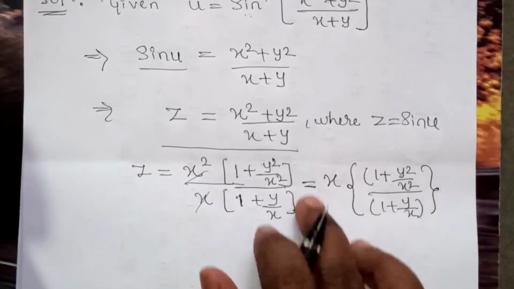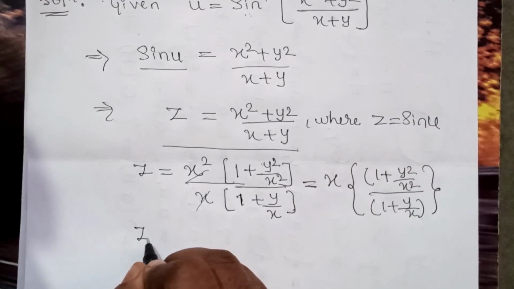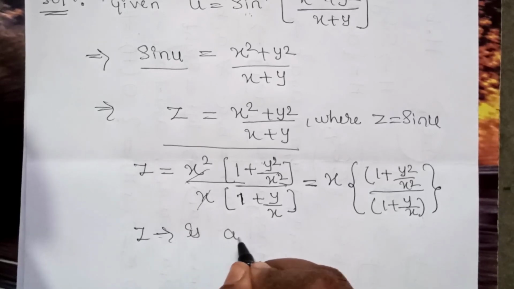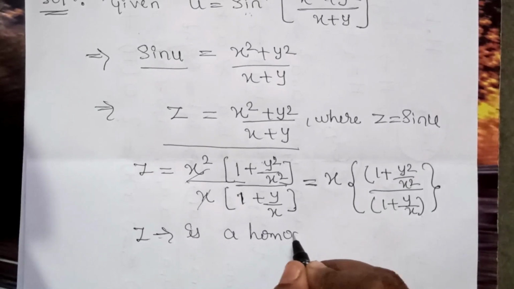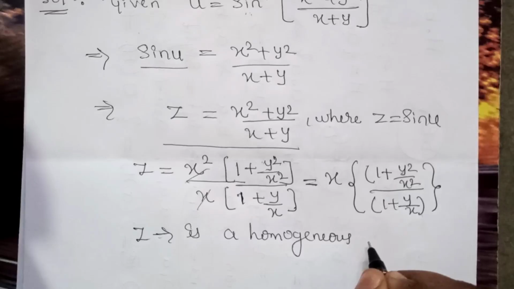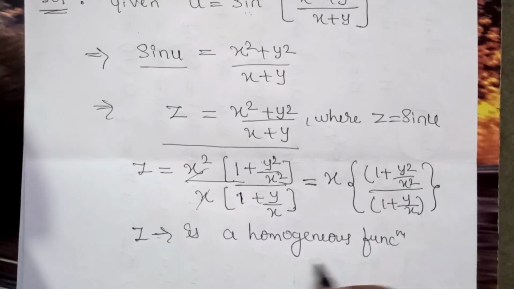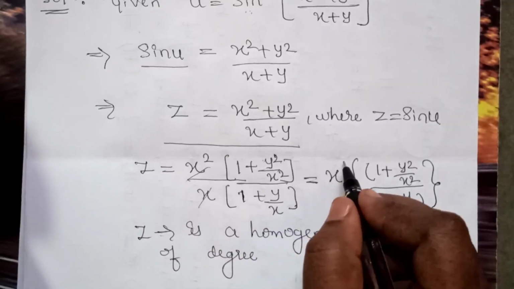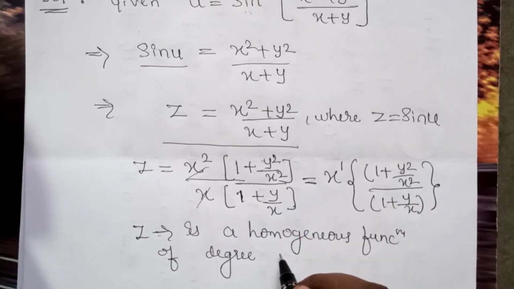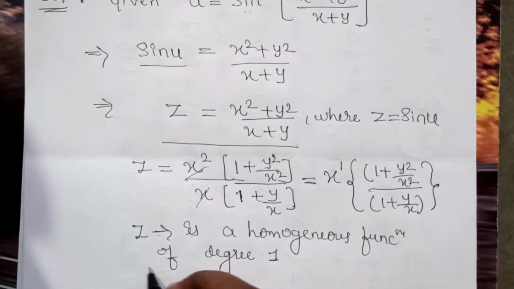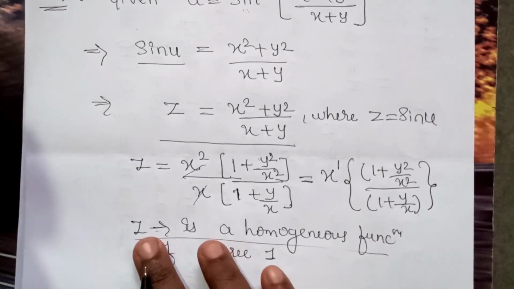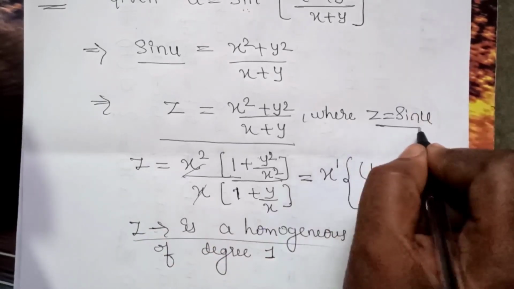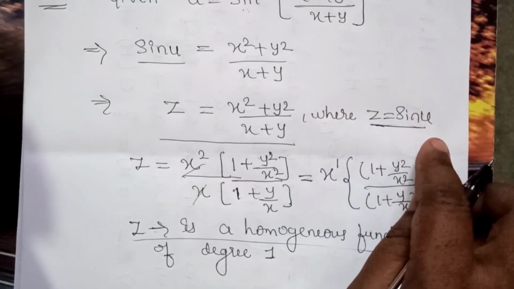So now it is a homogeneous function. Therefore z is a homogeneous function of degree 1, since the power of x is 1. So for z we can apply Euler's theorem. This is very important: here z equals sine u.